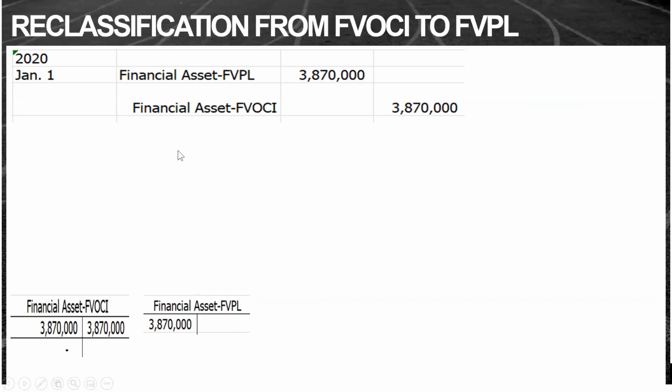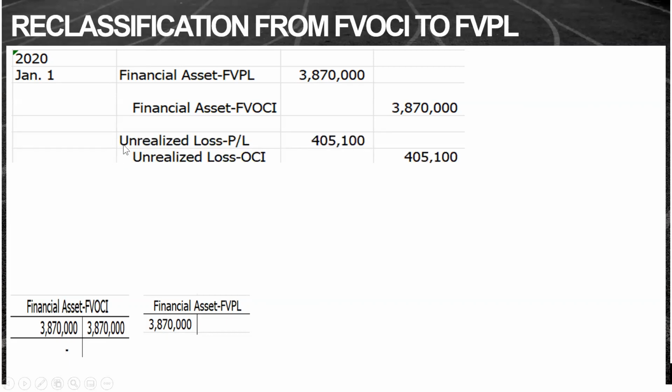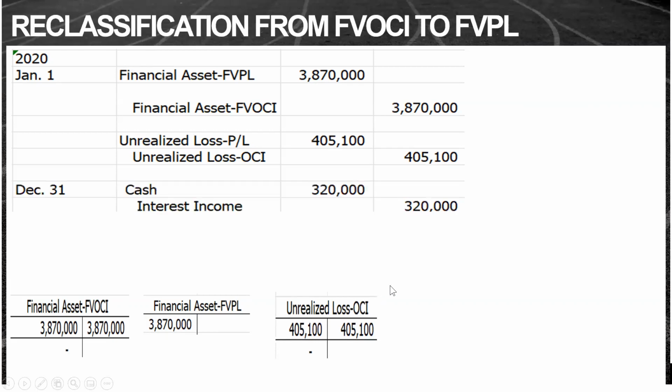So this is the entry: we debit unrealized loss, profit or loss, 405,100. In short, this will be included in the computation of your profit or loss for the period 2020. And then we credit unrealized loss OCI. So the effect is that you are closing your unrealized loss OCI and transferring it to the unrealized loss in profit or loss.